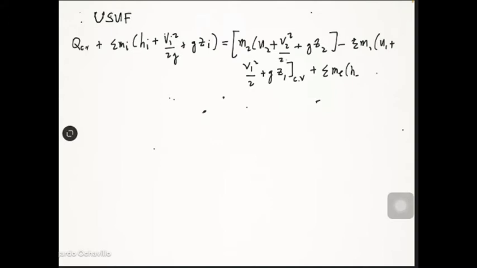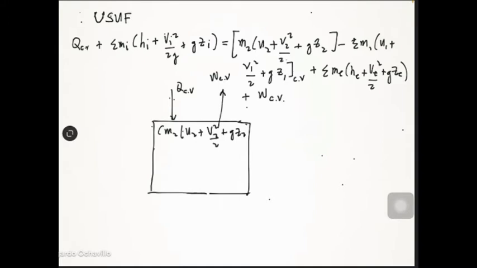Okay, and inside the control volume, this is your M2 times U2 plus V2 squared over 2 plus GZ2, minus M1 times U1 plus V1 squared over 2 plus GZ1.